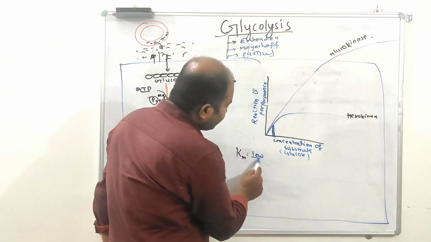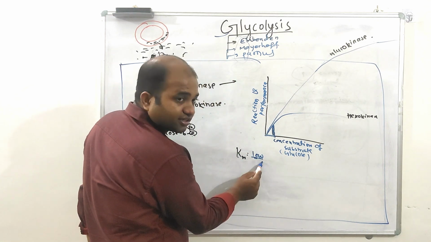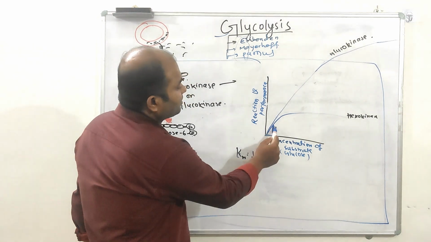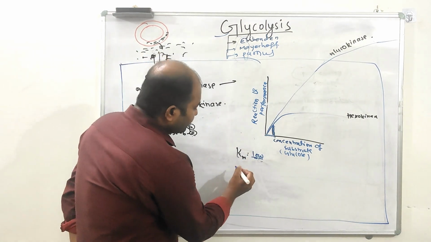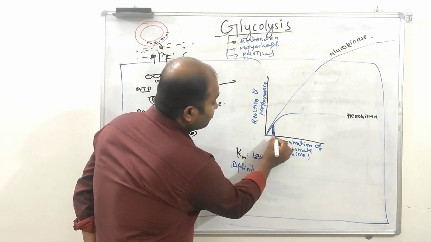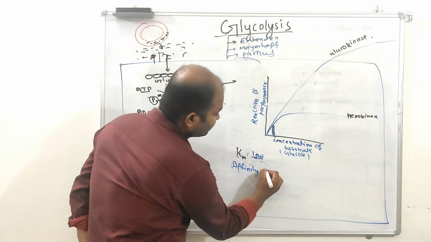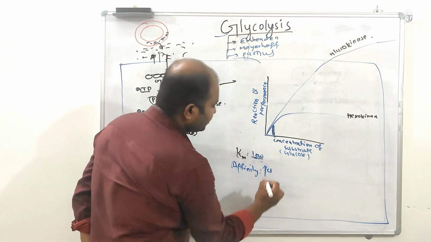So Km is at what point? At low concentration only, it becomes half saturated, right? So if we talk about the affinity or sensitivity, affinity is more, because at less glucose only the reaction is more.